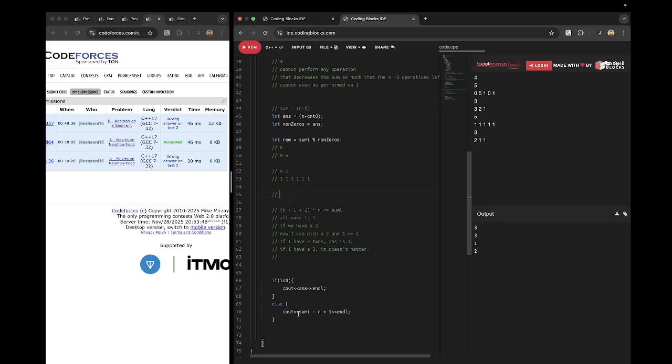Got it. So the max chunk we can make is whatever the sum is minus n minus 1, of course.